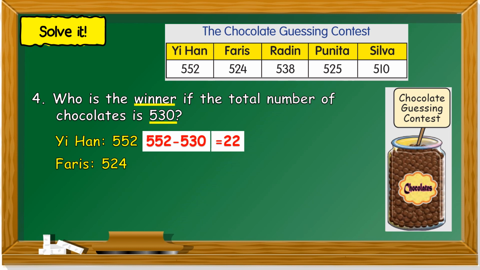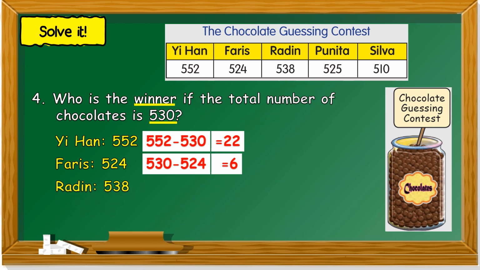So we get, you see, is it we get 524 minus 530 or 530 minus 524? 530 minus 524 because 530 is a larger number. So, the answer is 6.